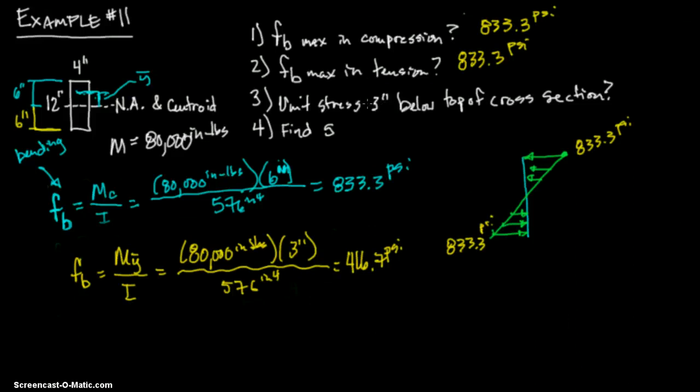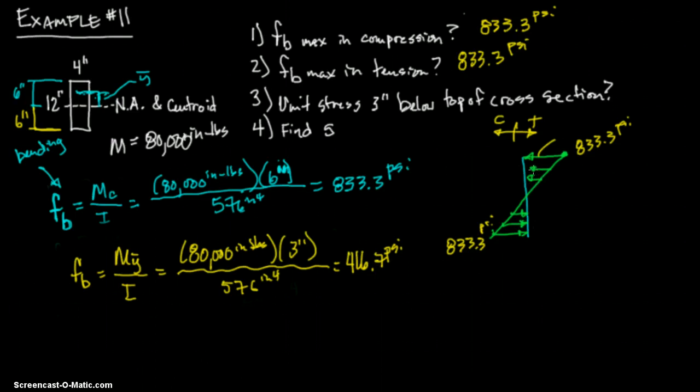And it says 3 inches below the top of the cross section. And remember, the top of the cross section is in compression, the bottom of the cross section is in tension. So that makes sense. This side is going to be tension. This side is going to be compression.